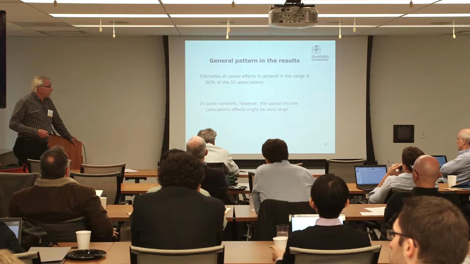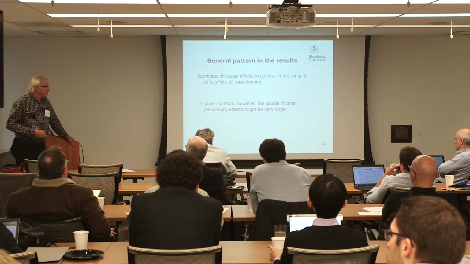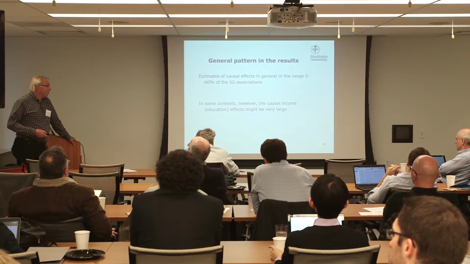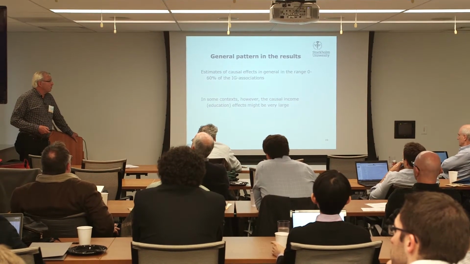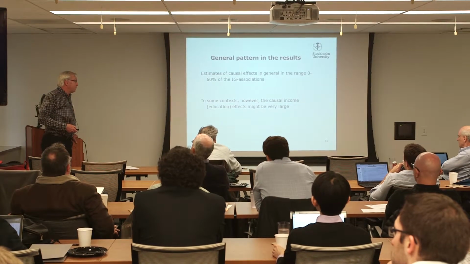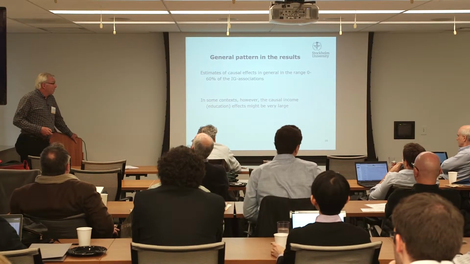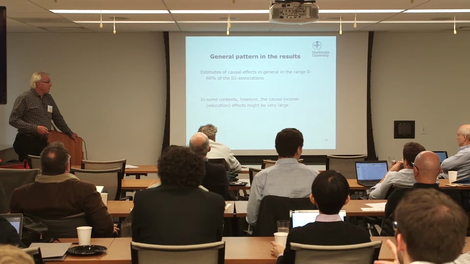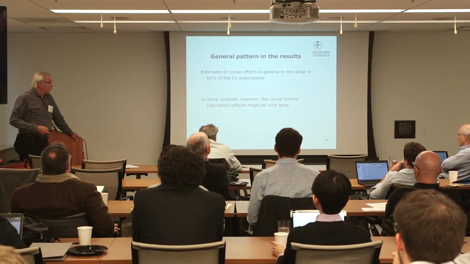So the general pattern here is that the estimates of causal effects are in the range of 0 to 60% of the IG associations. So I think that's important.